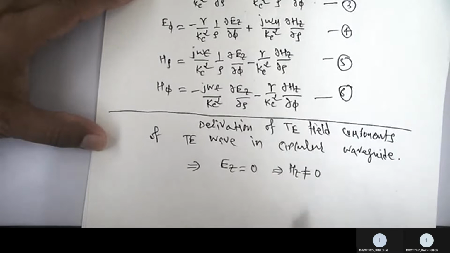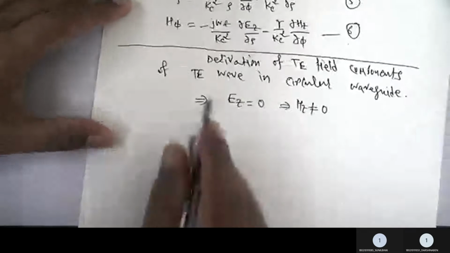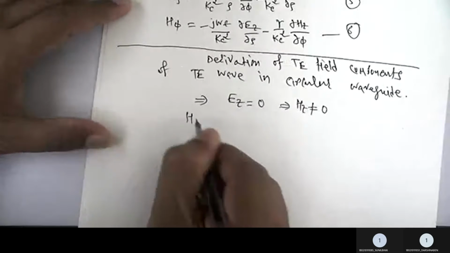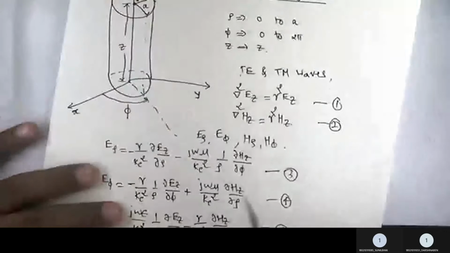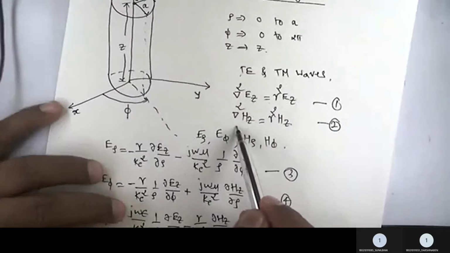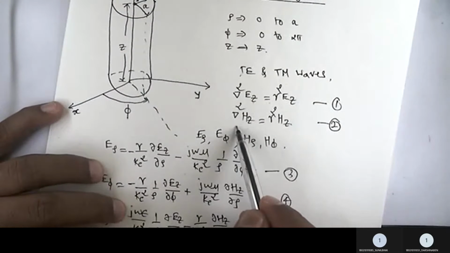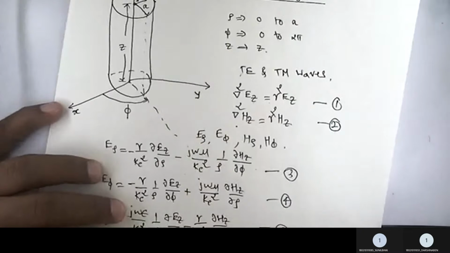So for the TE case, first of all we have to find out this Hz component. So what is this Hz? For obtaining this Hz, the wave equation, this expression number 2, we have to use. So we have to start with this second equation, and then we have to obtain the final Hz.